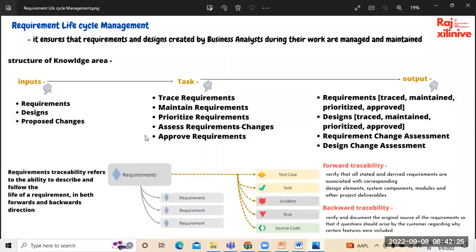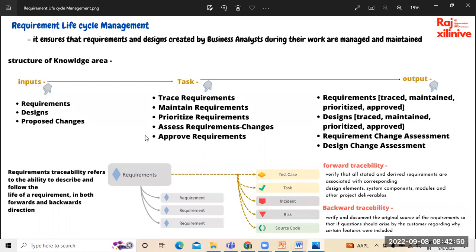So after enterprise analysis, once we understood the business situation, comes requirement lifecycle management. Here you need to understand what all the requirements are and how these requirements are to be managed, right? So assume that you are developing a cloud-based point of sale system. First of all, you need to understand and trace out the requirements.